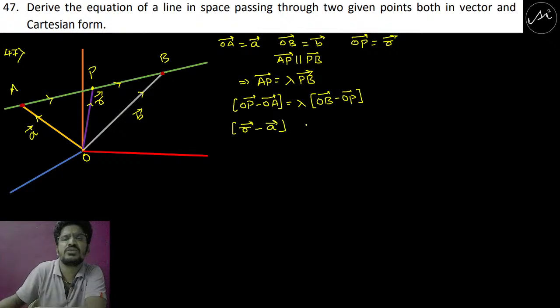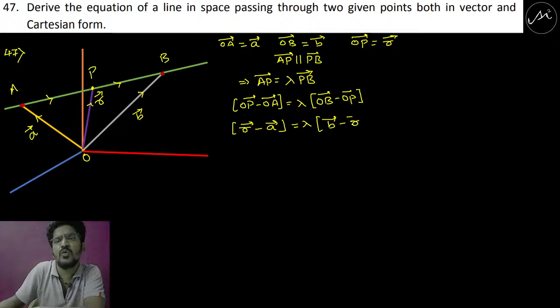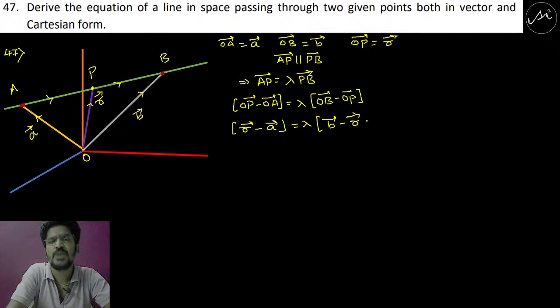Here, before taking vector AP parallel to vector PB, we shall write it as vector AP parallel to vector AB, so that it will be very clear.